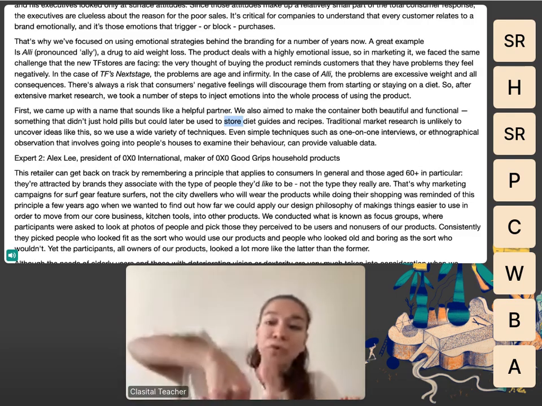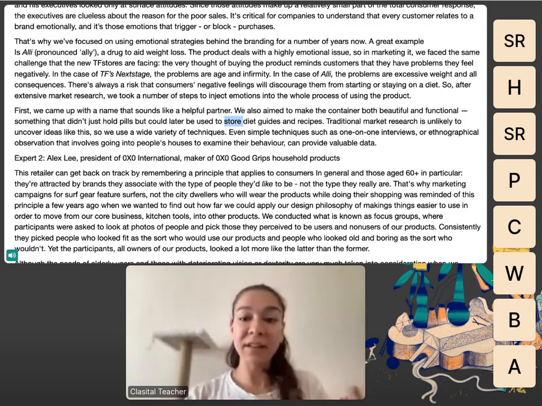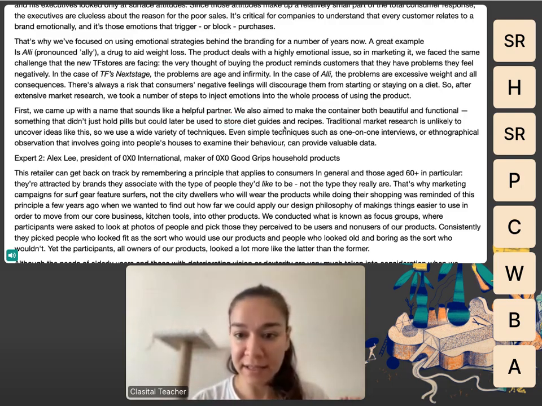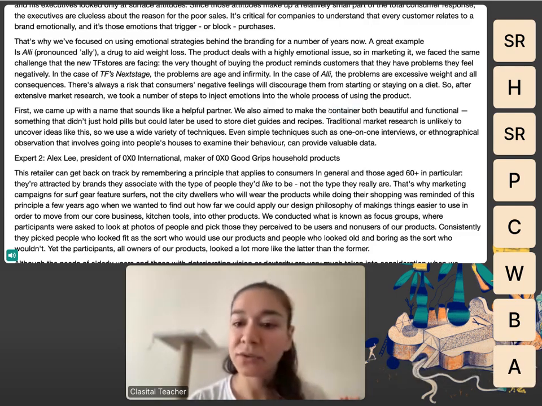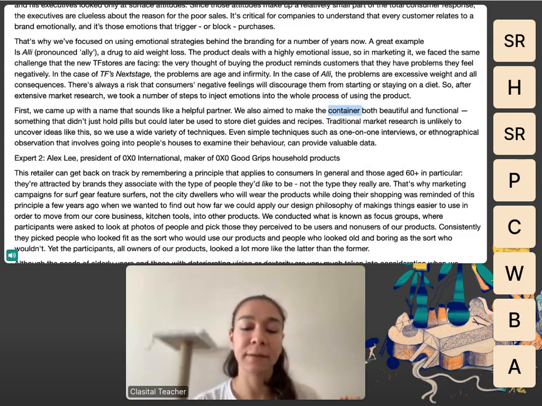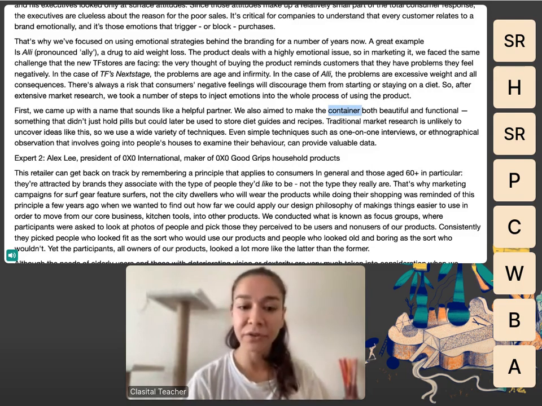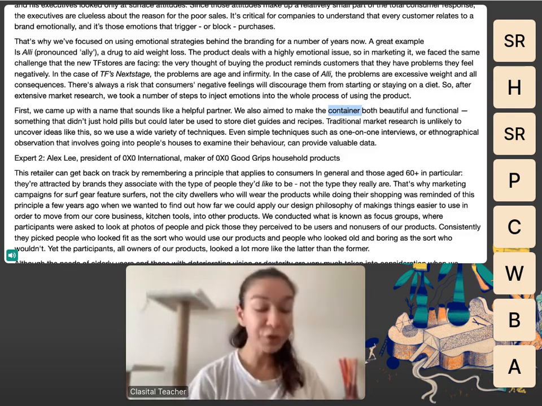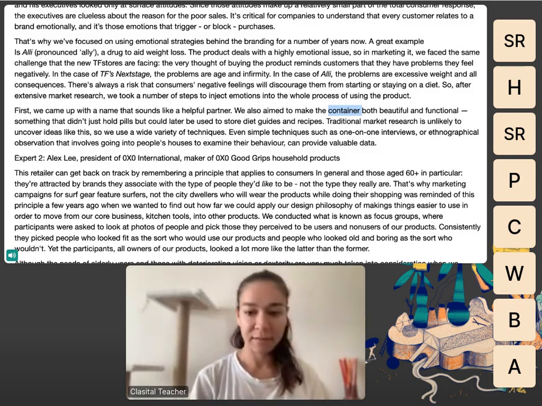Used to put diet guides and receipts. Where are they putting their diet guides and receipts? To a container. Yes. Giving the product a reusable container to store their diet guides and receipts.